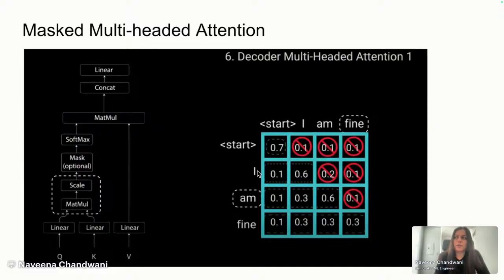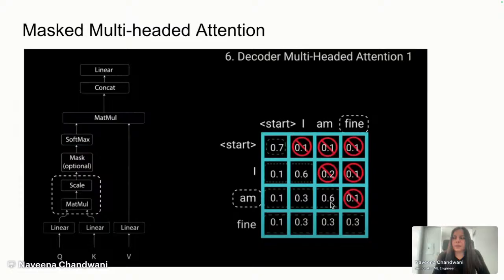So it should be able to attach a weight to itself and the words previous to it, but not the words which will follow. If we allow it to learn from scores that are going to follow, then you're essentially leaking data during training. That should not be allowed.